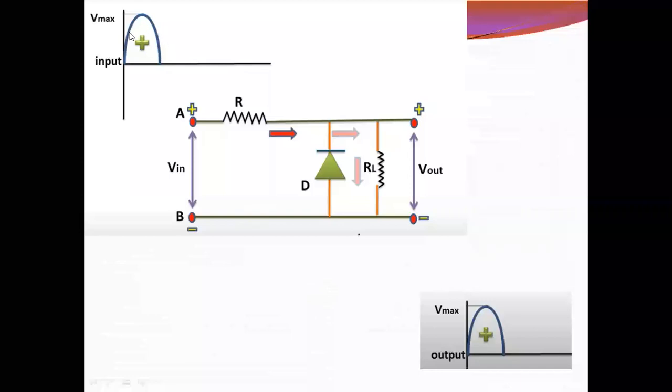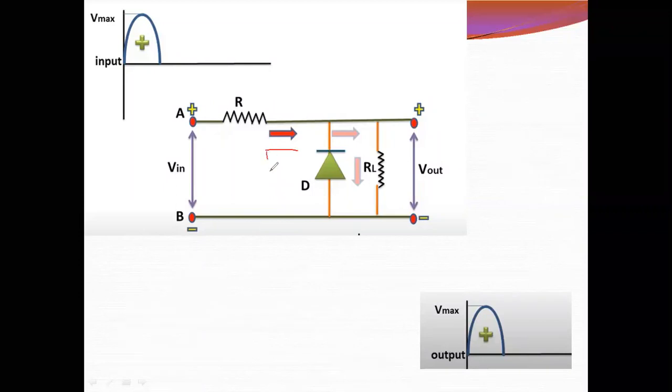If you apply the positive half to this circuit, then what happens? Please imagine P and N every time in the place of the diode.